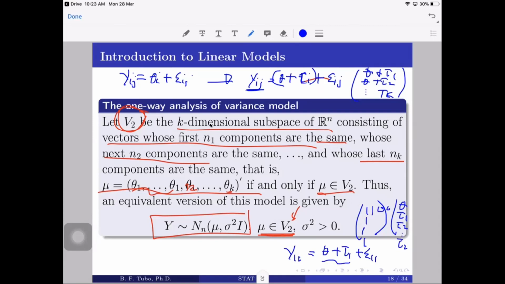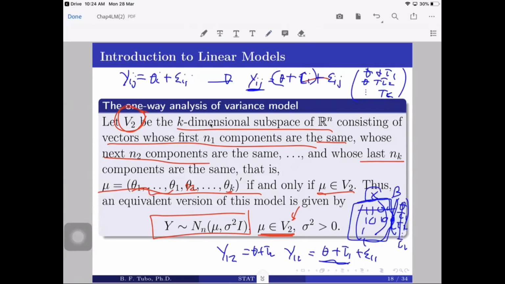The others are 0 so that when you multiply, what remains is theta plus tau 1. Then 1 0 1 for your next variable, y12. When you multiply, the others become 0, and what remains is theta plus tau 2. So this matrix we call the design matrix X. If you look, this is your design matrix X, and this is your beta, which is composed of theta, tau 1, tau 2.